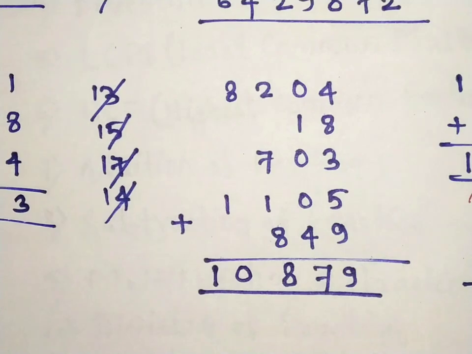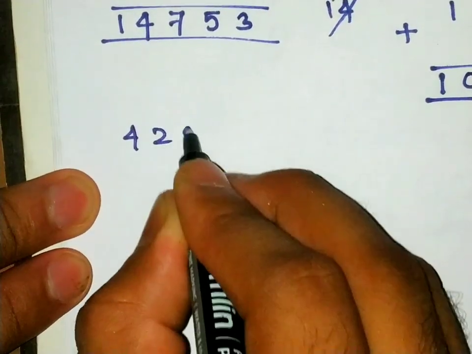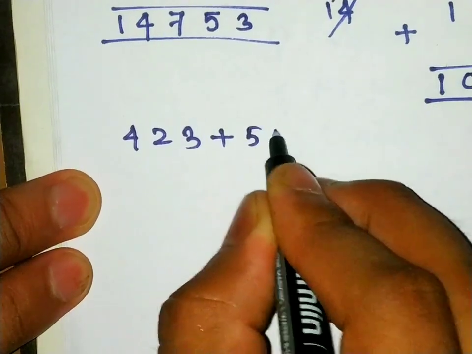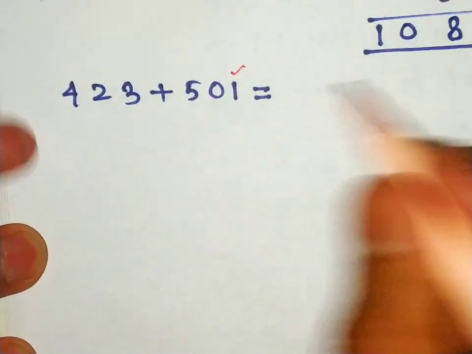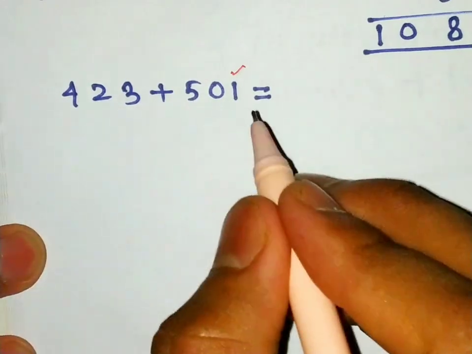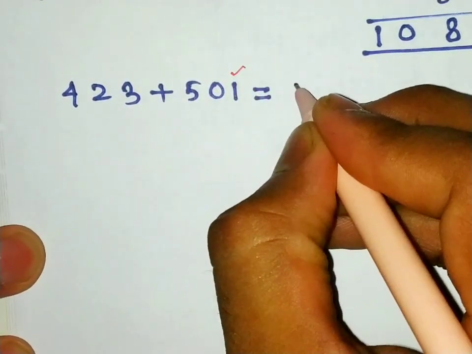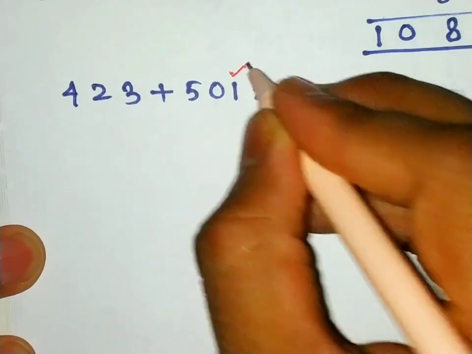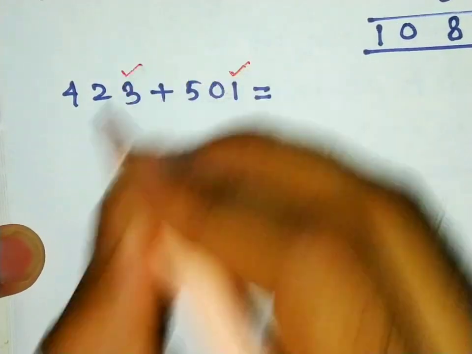Very easy. Some kind of addition will be like 4 2 3 plus 5 0 1. How will it add? You have to count from the right side. From the right side, the first digit is 1, and here also from the right side the first digit is 3.